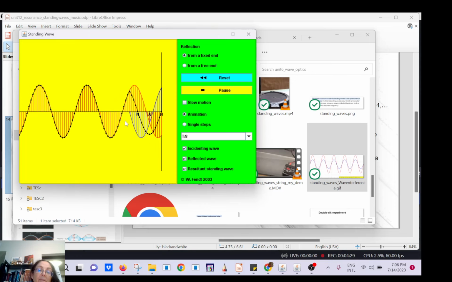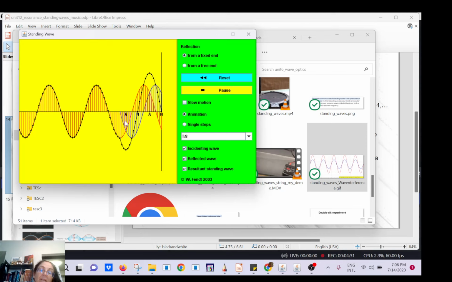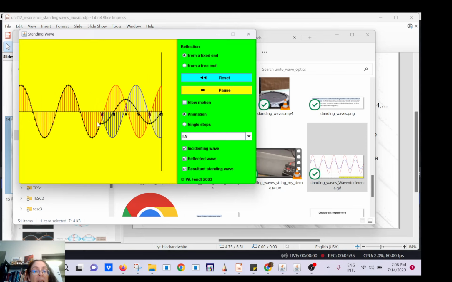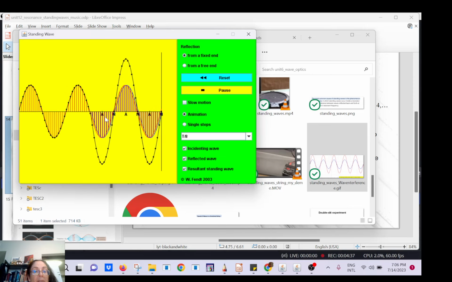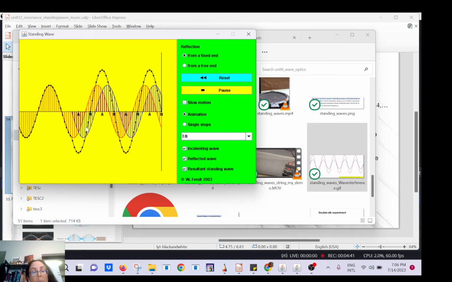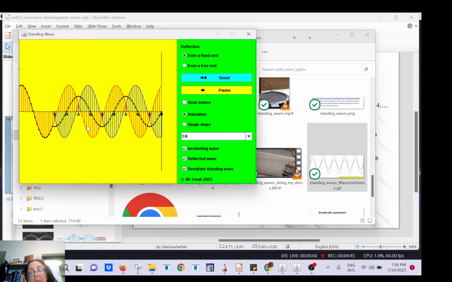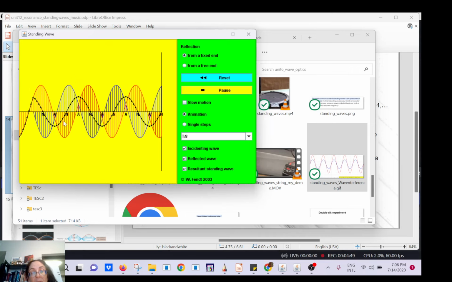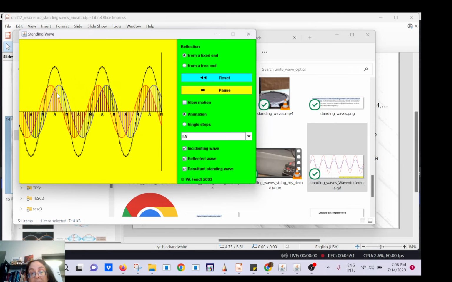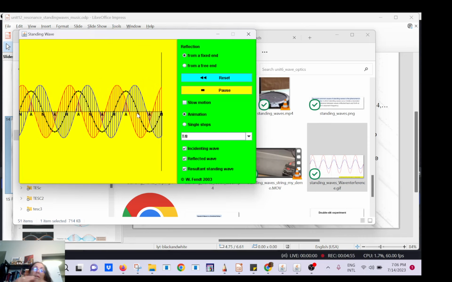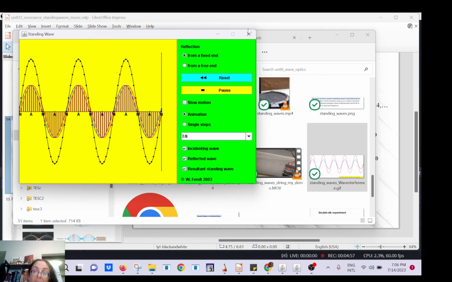Both waves, the incident wave and the reflected wave, interact with each other, and that's how you get a standing wave, right? But I think it's easier to introduce standing waves by introducing natural frequency. In black here, that's what you see, even though it's a superposition of two waves interfering with each other.